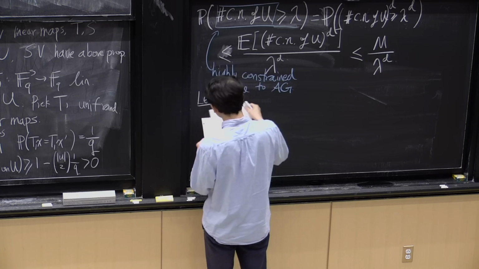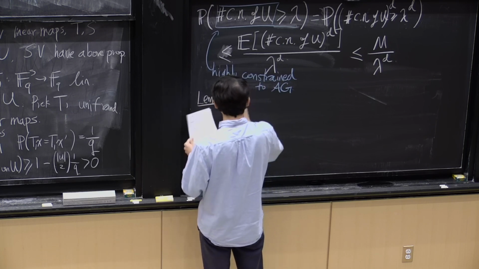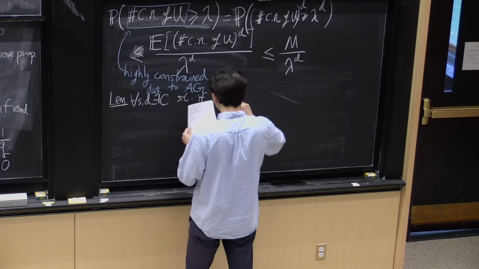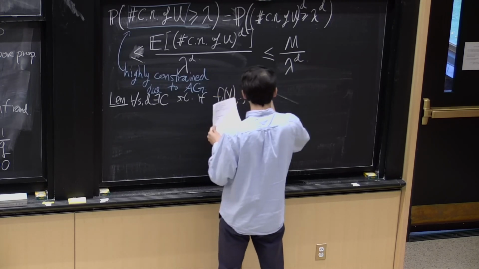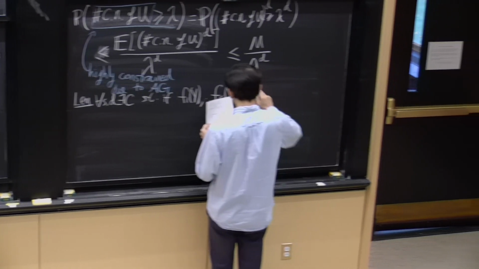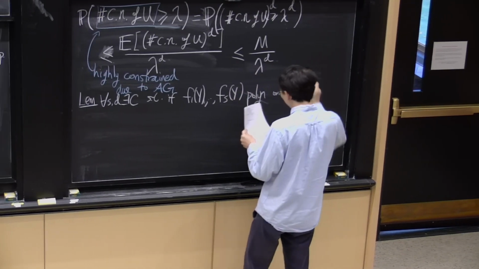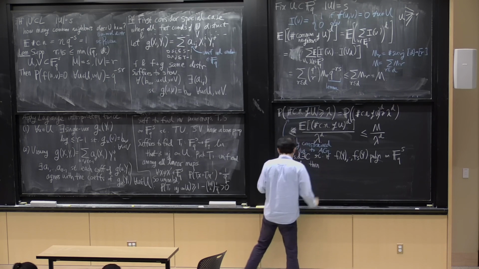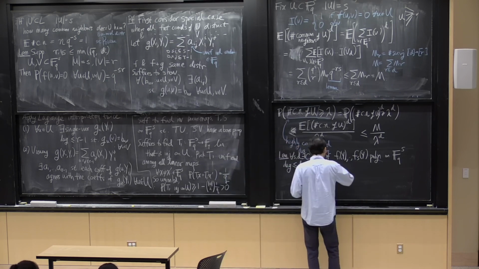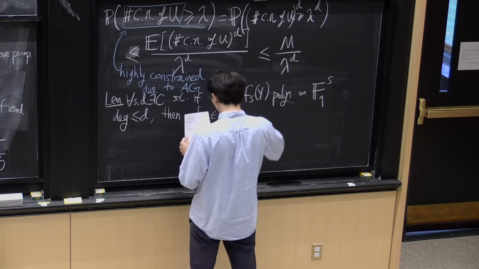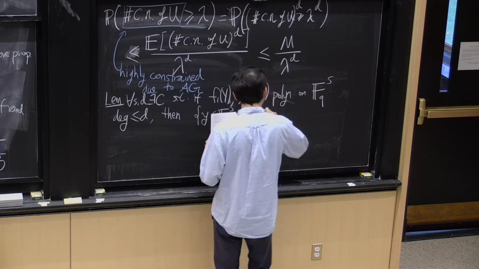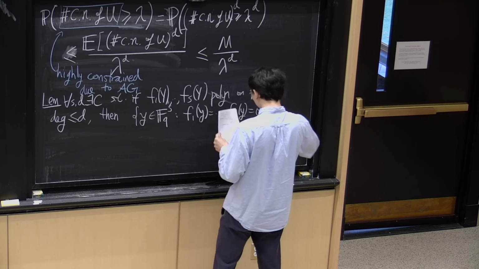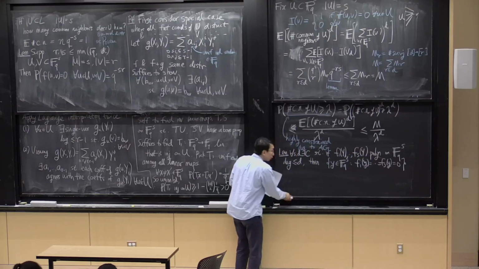that for every S and D, there exists some C such that if I have a bunch of polynomials on F_q^s of degree at most D, then if you look at the number of common zeros of the f's, okay, so how many common zeros can it have?